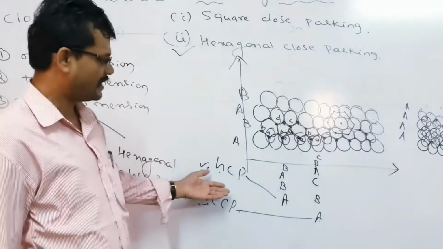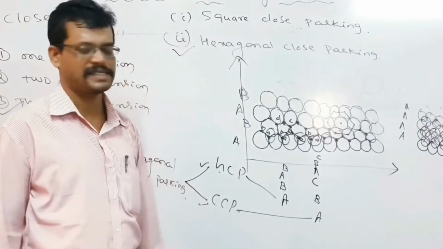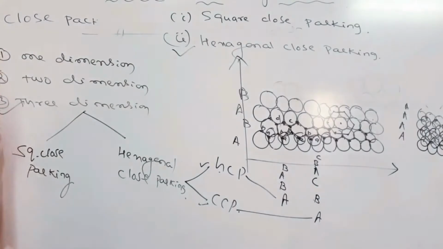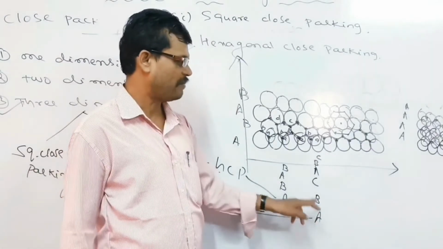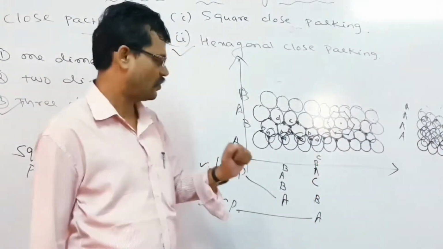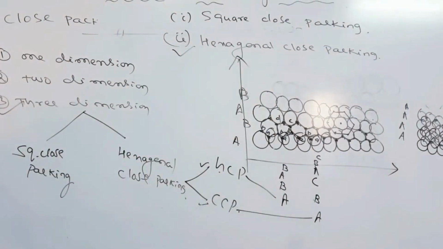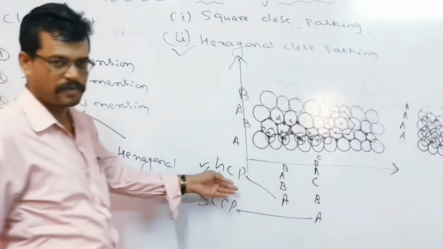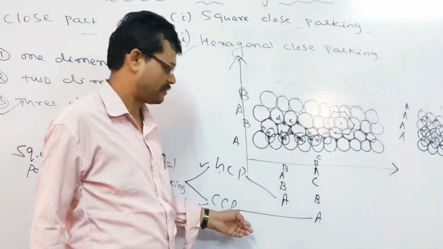So let us look here at these two types of patterns. In case of HCP, we get the AB pattern, and in case of the CCP type pattern, we get ABC just like this. So you see here, in case of close packing, we obtain two types of arrangement. One is the hexagonal close packing arrangement, HCP, and the other is the cubic close packing arrangement.